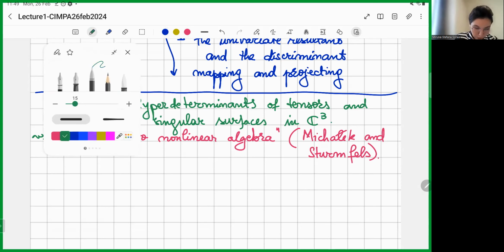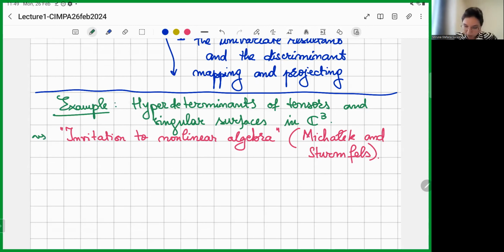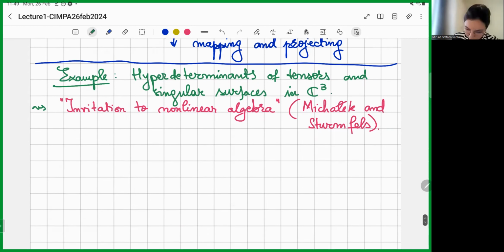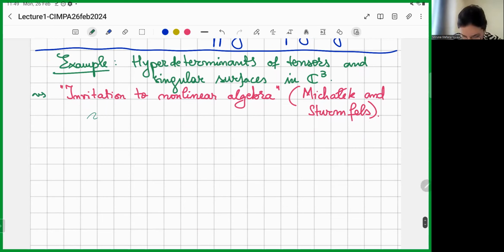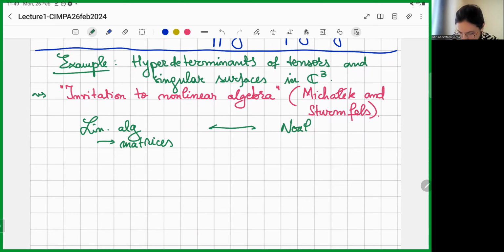So what I mean by this example, hyperdeterminants of tensors: in linear algebra, of course, we usually play with matrices. I want to make a correspondence, and in nonlinear algebra, at least now, the correspondent of matrices will be tensors.